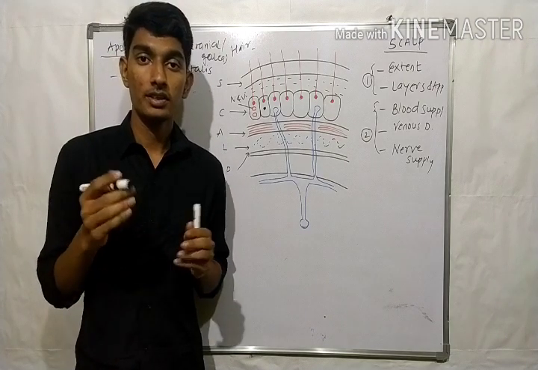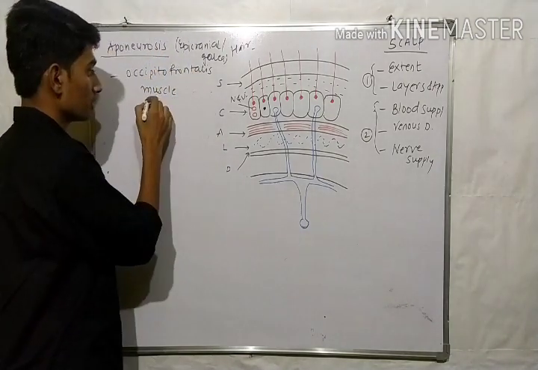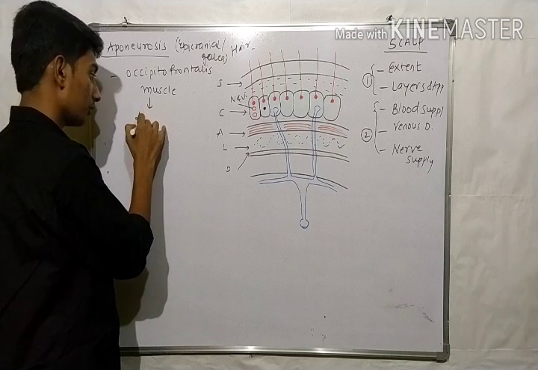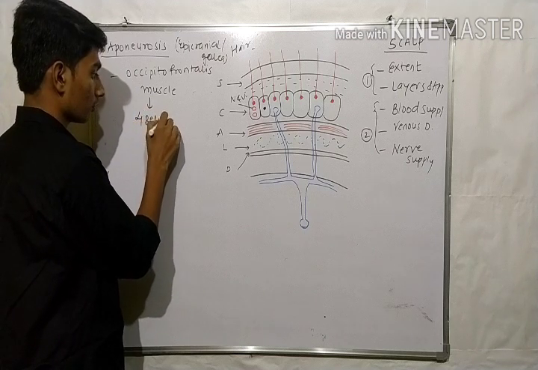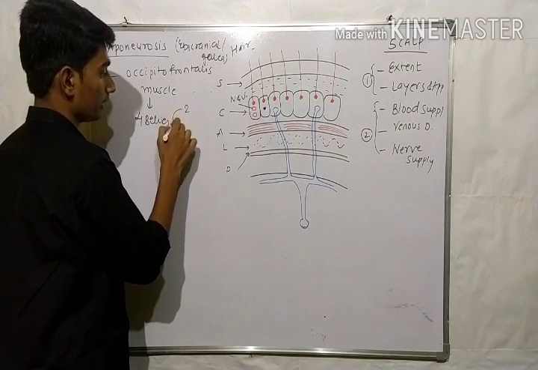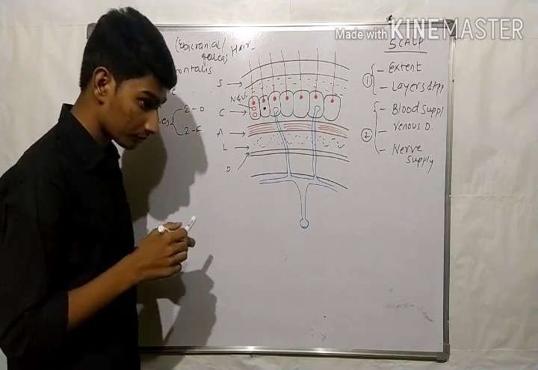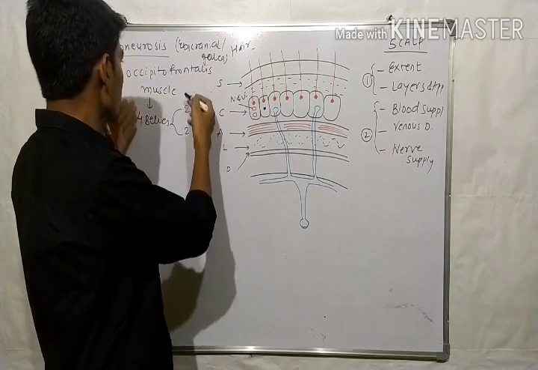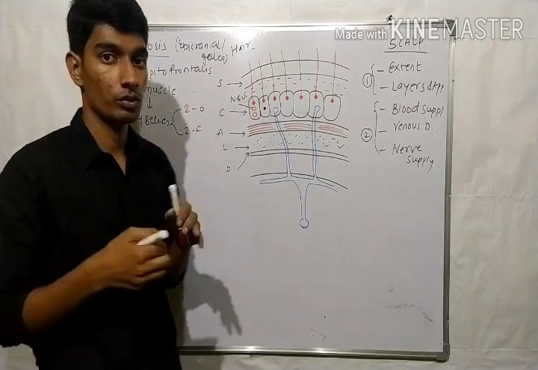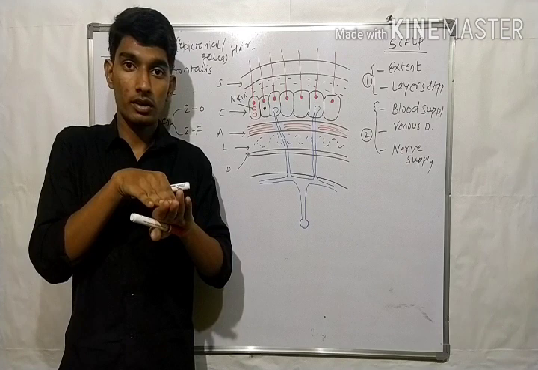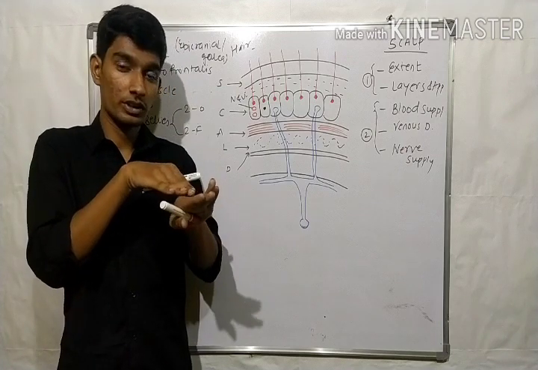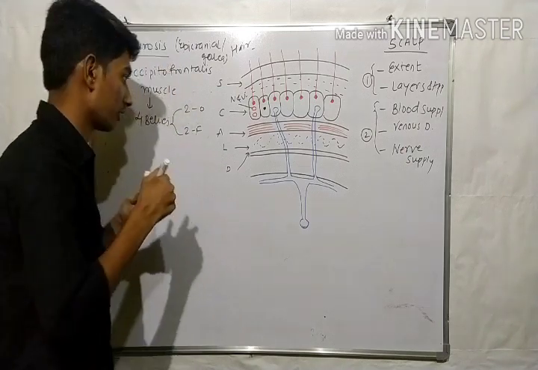Now this aponeurosis is formed by occipitofrontalis muscle, and this occipitofrontalis muscle has two bellies, totally four bellies, two occipital bellies and two frontal bellies. Now what this occipitofrontalis muscle will do, it will pull the aponeurosis in antero-posterior direction.